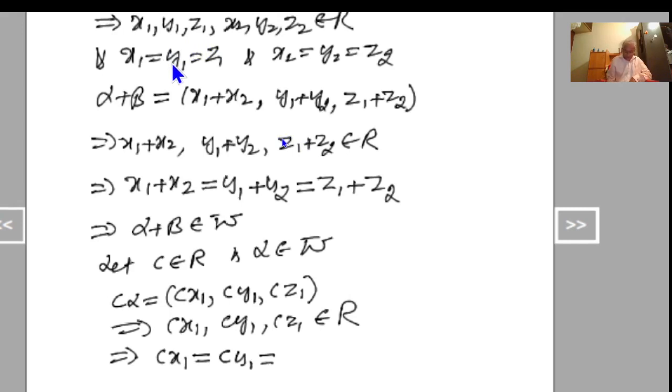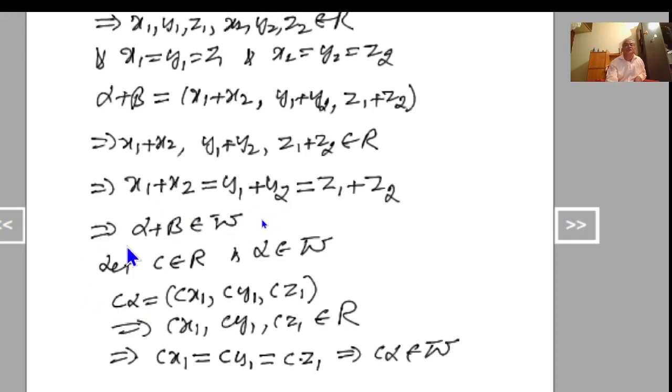This is equal to C into, what is y1? y1 is equal to z1. So here we have these three elements belong to R and they are equal. Means this vector belongs to W. That is C alpha belongs to W. This implies C alpha belongs to W.